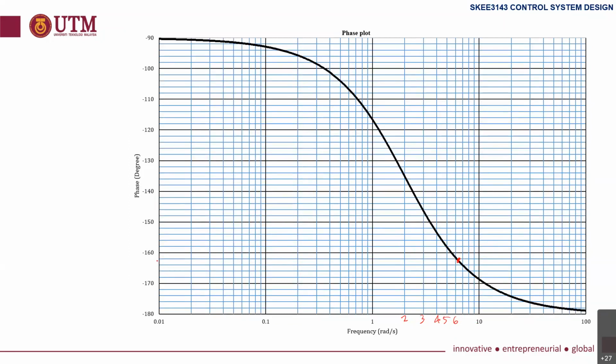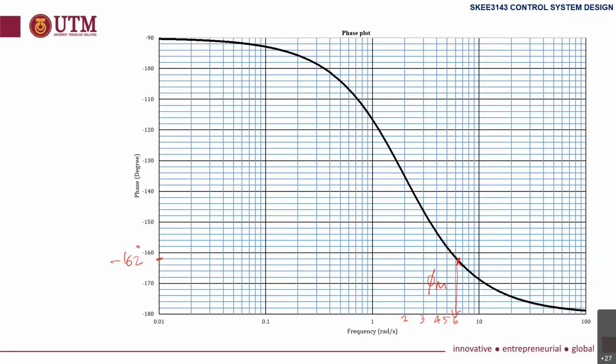Let's say minus 162 degrees. I think maybe 163, it is just close. So this is the phase margin, the difference between the phase and 180 degrees.